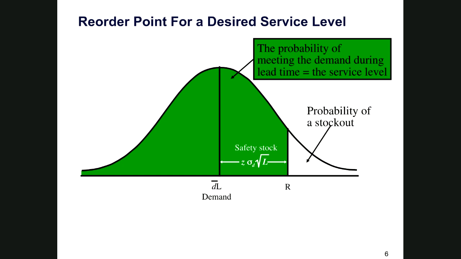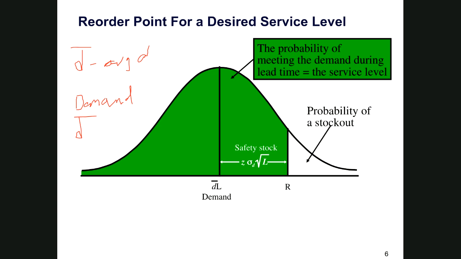The lead time demand, D, with D bar being our average daily demand, has a normal distribution, and the parameters are: the mean is D bar, the average daily demand. Even though it's variable, we can still calculate the average daily demand.